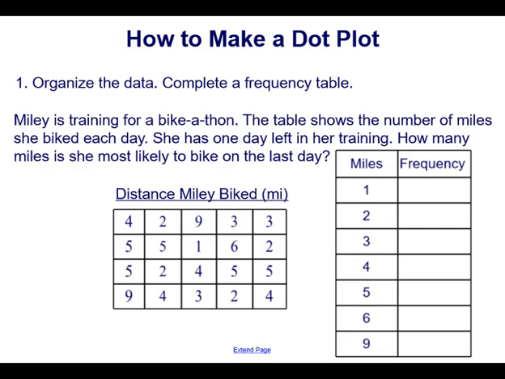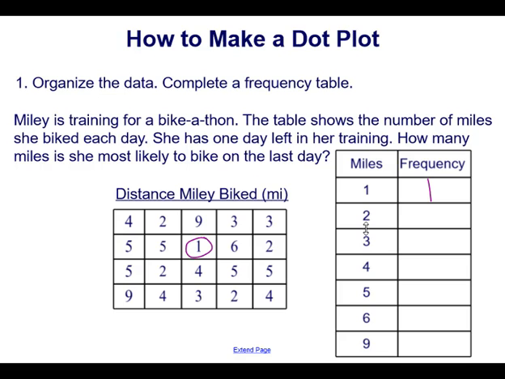The first step is to organize the data, and we can do that by completing a frequency table. We've organized by miles, so we have 1 to 9 because that's the minimum and maximum in your table. When we look at frequency, I'm looking at how many times I see that number in the table. For example, mile 1, I only see once, so I would mark a tick for seeing it once.